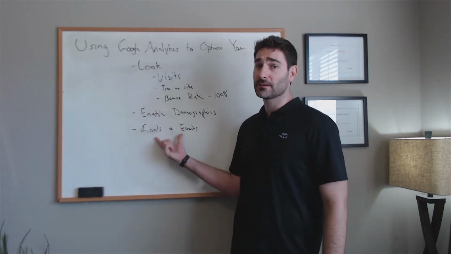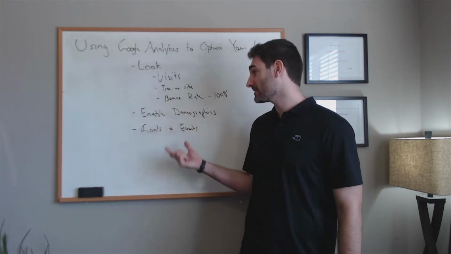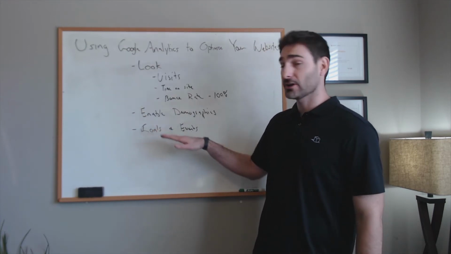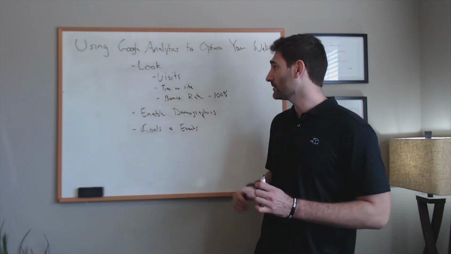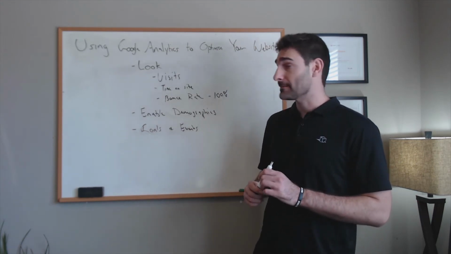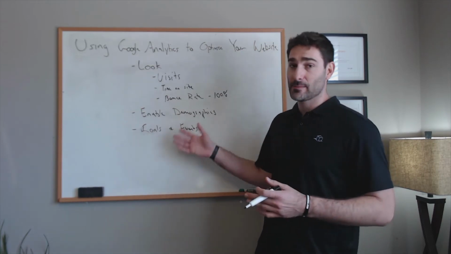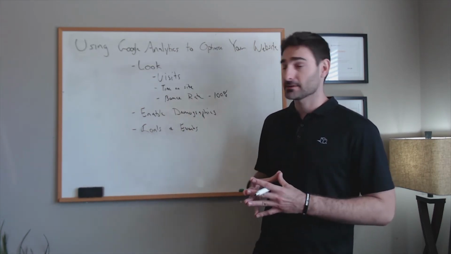And then you can use both of these in conjunction with the demographic stats, and you can see which demographics are more likely to reach a goal or reach an event. So these two are great ways to optimize your website and optimize your visitors and demographics, and use that information in your campaigns, or when you're trying to target your demographic user.